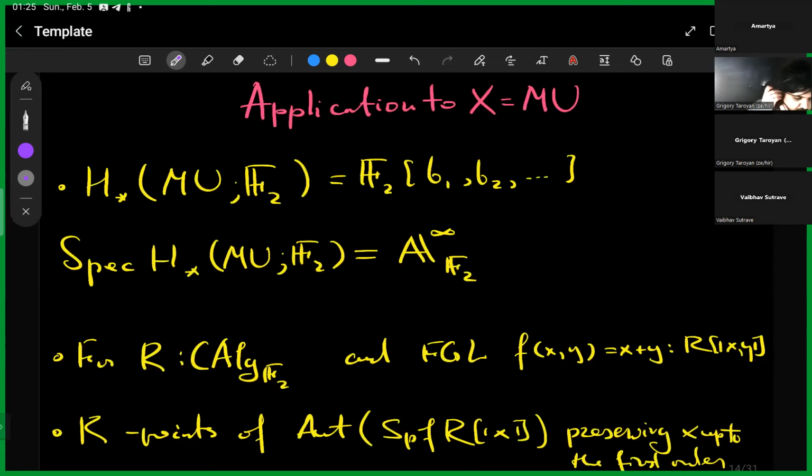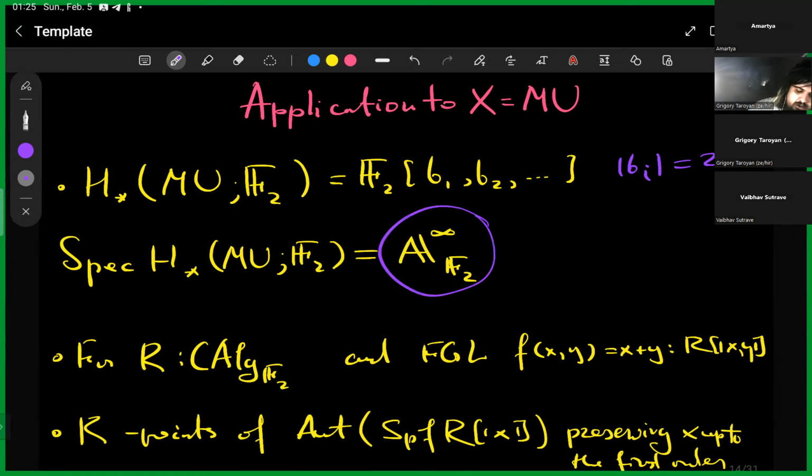Recall that homology of MU is indeed the ring of polynomials concentrated in even degrees. So the degree of b_i is 2i. And that the spectrum of homology is the infinite dimensional affine space over F2.